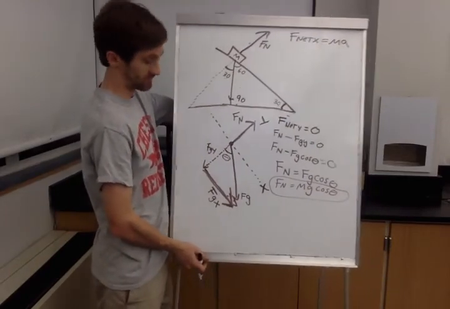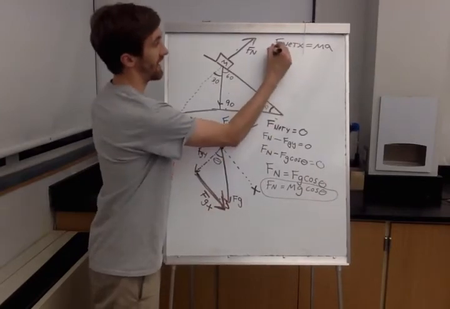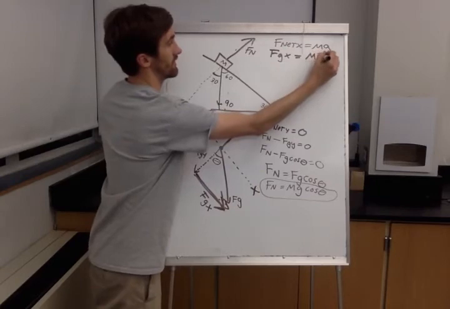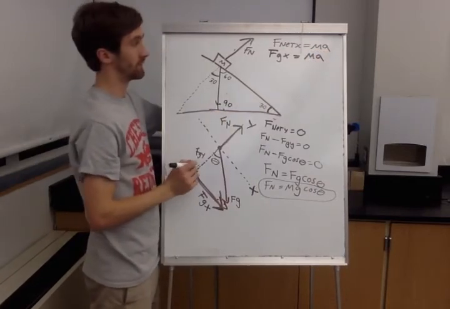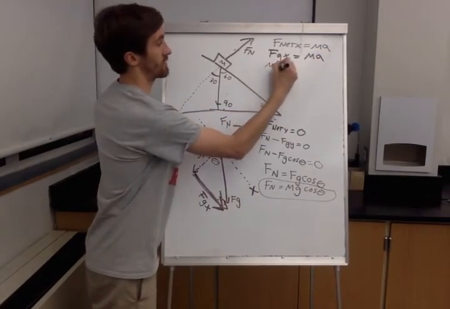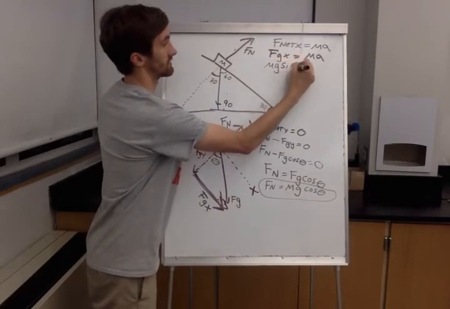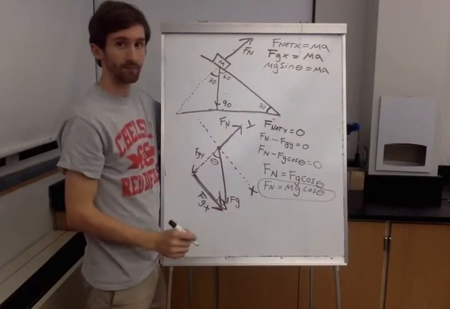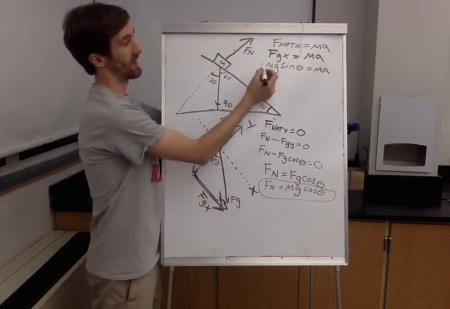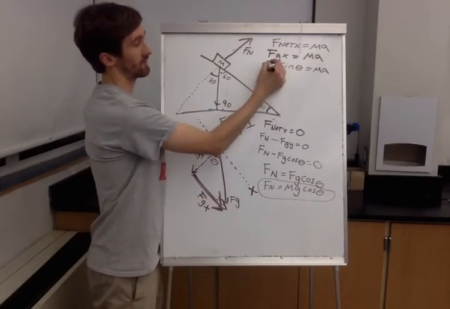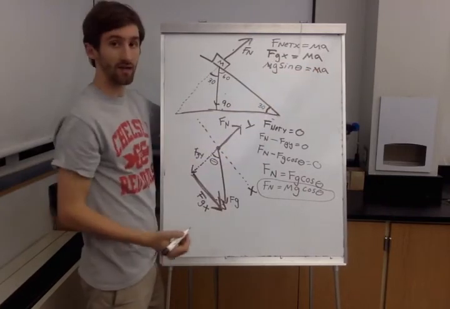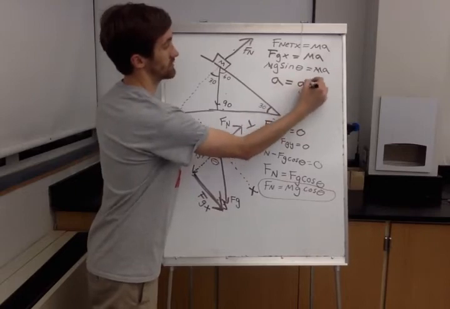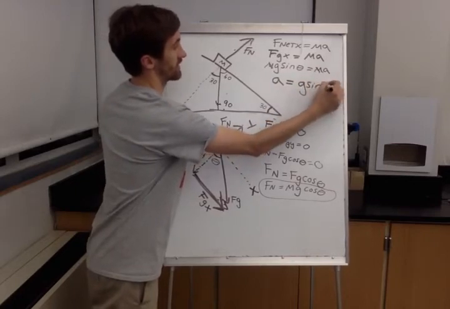So that means that Fgx is equal to ma, which also means that mg sine theta is equal to ma. And then I see that I have an m on both sides, so I can divide both sides by m, and I will find that the acceleration is equal to g sine theta.